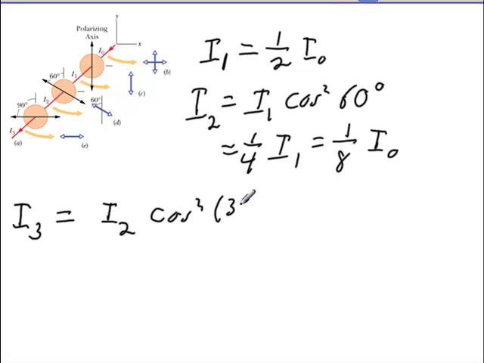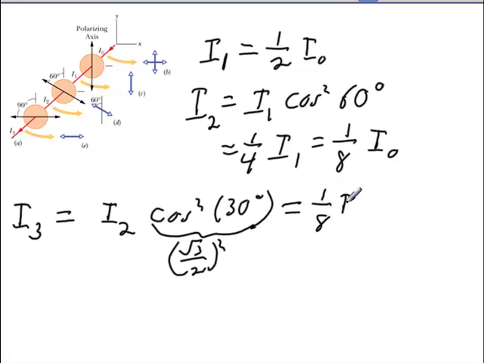That is 30 degrees. Well, the cosine of 30 degrees is √3 over 2, which is going to be squared to give me 3/4. So this is 1/8 I0 times 3/4, and I get 3/32 I0.